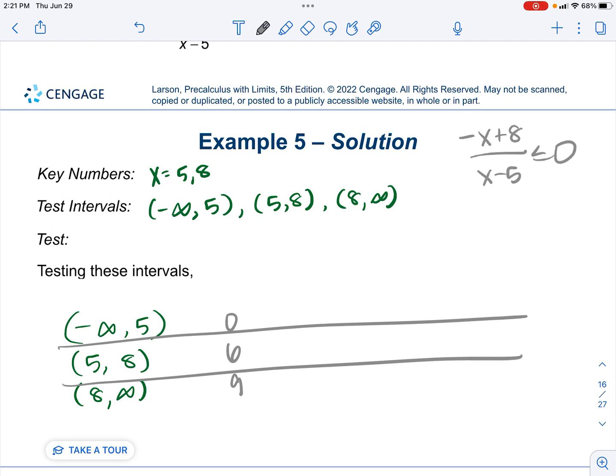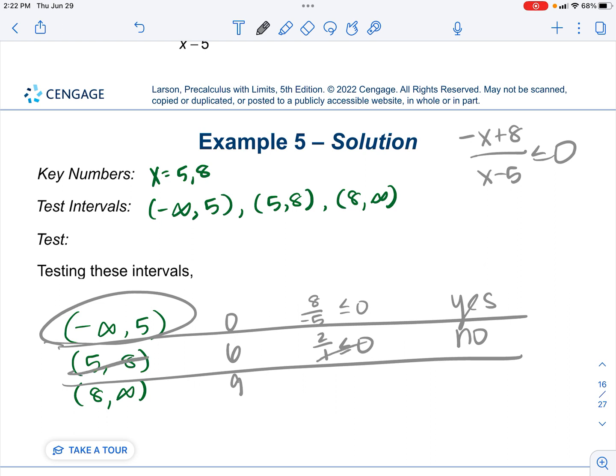So I'm going to go and plug in 0. If I plug in 0, I end up getting 8 over negative 5, which would be negative. Is that less than or equal to 0? Yes, it is. That's a winner. All right, next I'm going to do 6. So negative 6 plus 8 would be 2 over 1. That's positive, so it did not work.